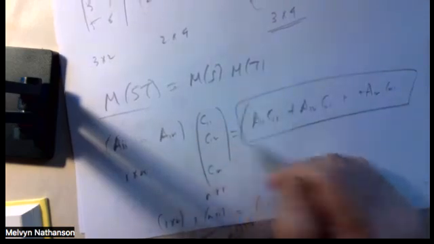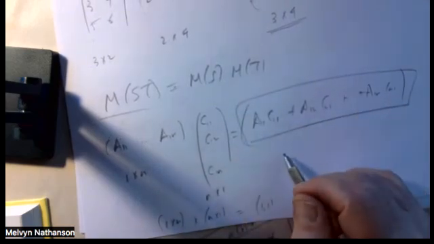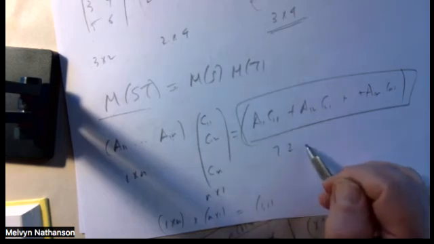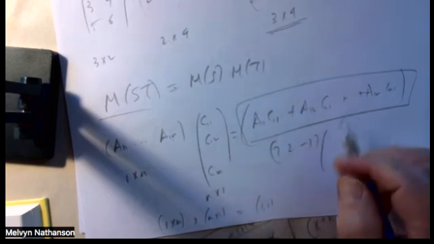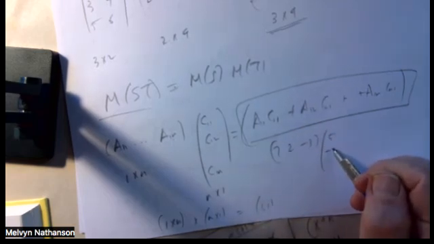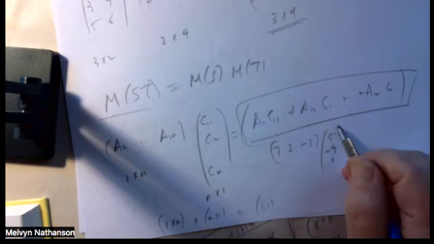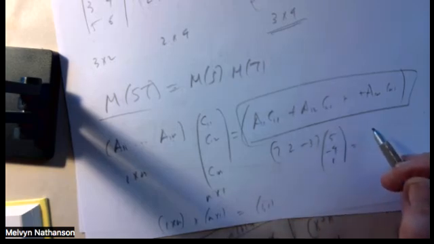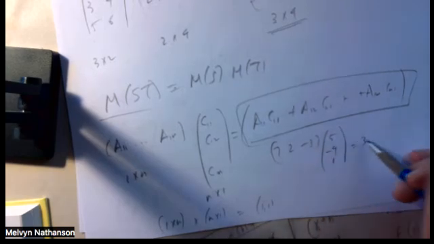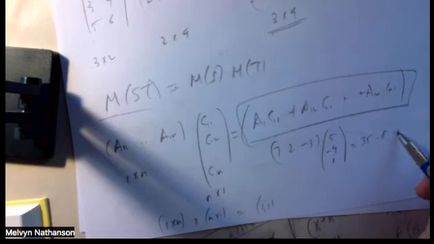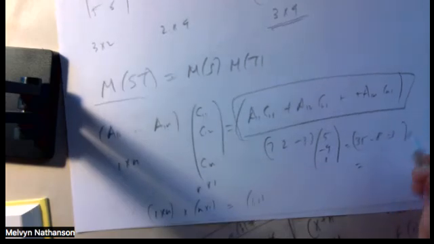This is just a number or a 1 by 1 matrix. So if you have 7, 2, minus 3 multiplied into 5, minus 4, 1, this is 35 minus 8 minus 3, which is 24.